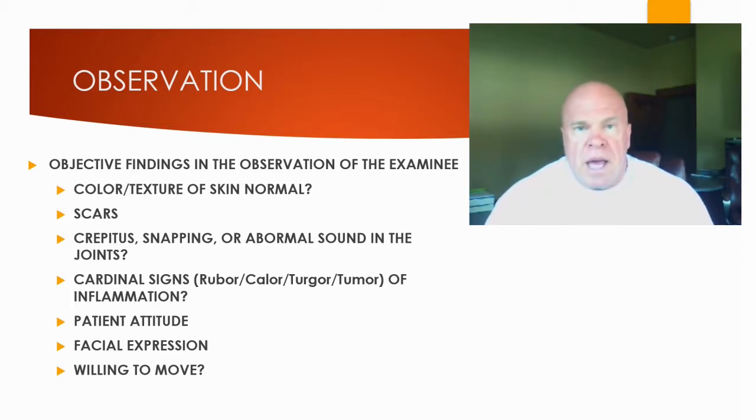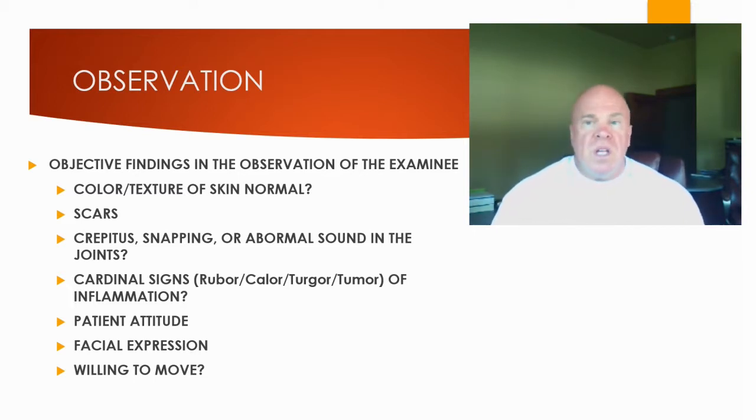What is the patient's attitude? We know that acute pain can cause patients to be anxious, whereas chronic pain can cause patients to become depressed. So it's important that we pay attention to the examinee's energy level and the examinee's attitude as they go through the physical examination, because this gives us an indication as to the true nature of their condition. What is the examinee's facial expression? And finally, is the examinee willing to move?